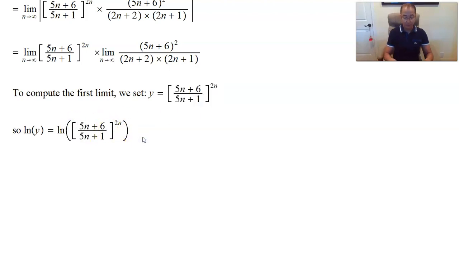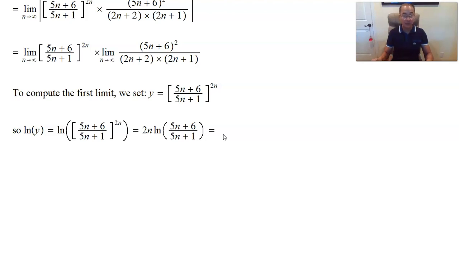And by the properties of logarithms, that is 2n times ln of what is inside the brackets. Okay. So again, this has limit 1. ln of 1 is 0, but n is going to infinity. This is an infinity times 0 form.